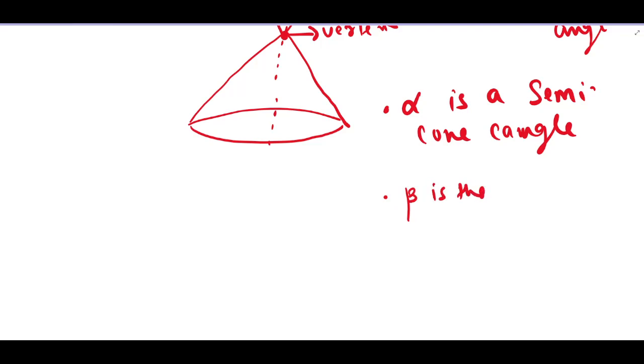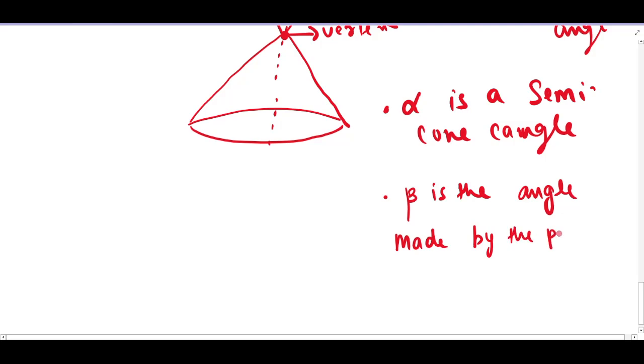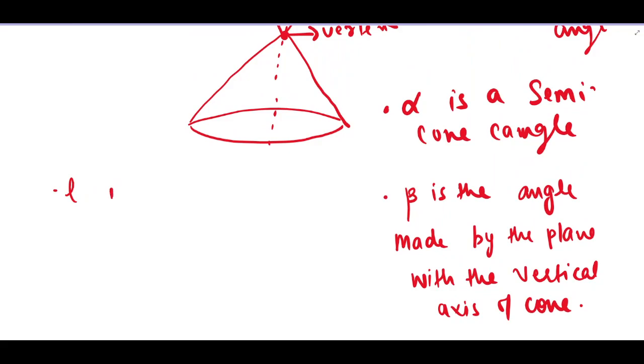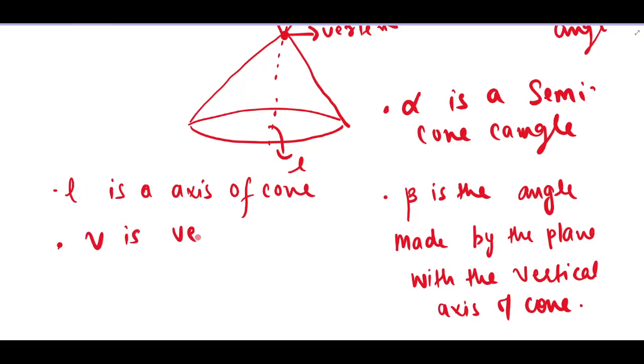L is the axis of the cone, and V is the vertex. So this is the notation of a double napped cone.